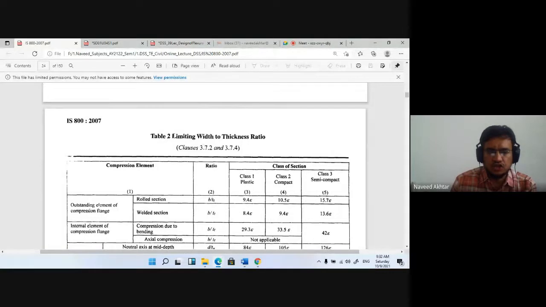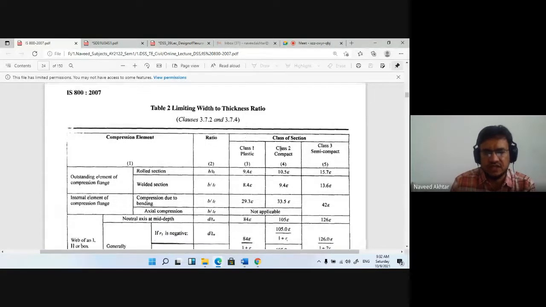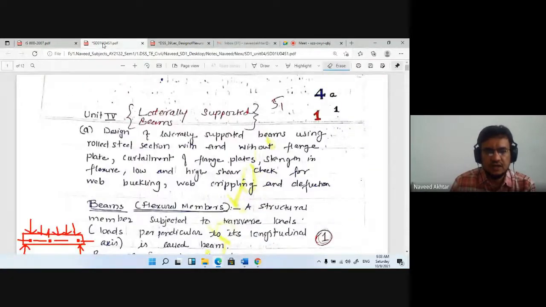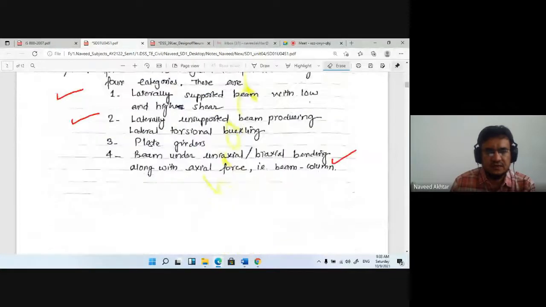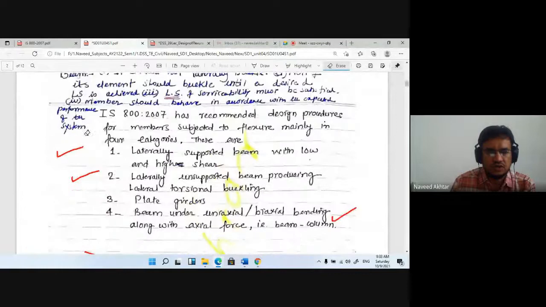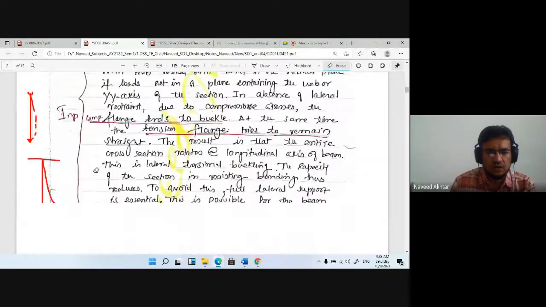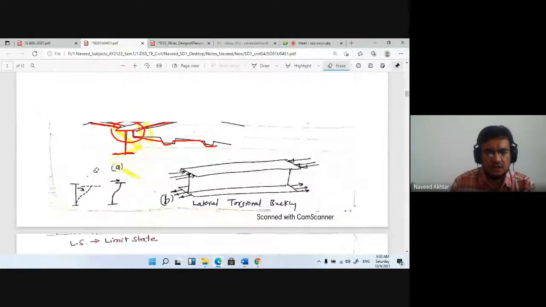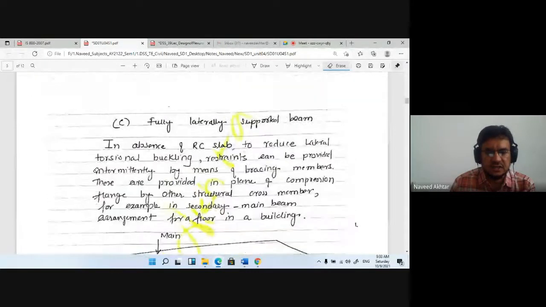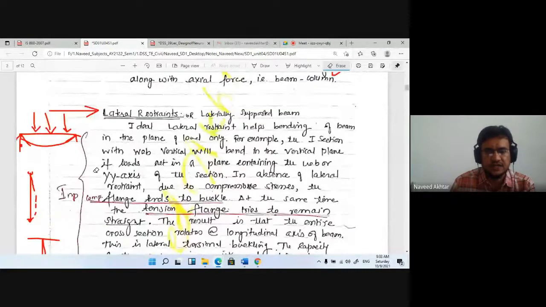Based on the limiting width to thickness ratio, you can see class 1 plastic, class 2 compact, and class 3 semi-compact. Why these? That you can also see here. I will share my notes with you, don't fear about that. And we'll also see the laterally supported and unsupported cases.